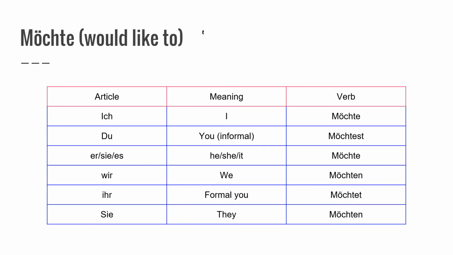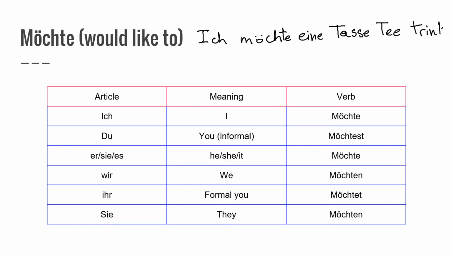My example is: Ich möchte eine Tasse Tee trinken. Now my every sentence starts with ich, so it can be difficult for you to understand.